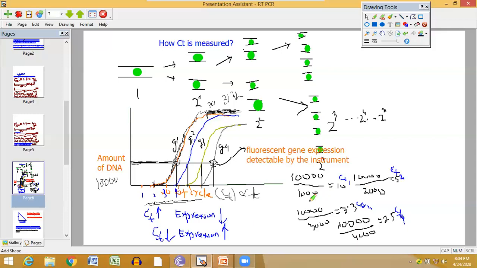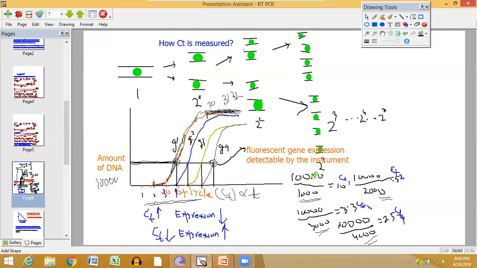Now, for the sake of our argument, say one gene is initially expressed at 1000 nanogram, another gene at 2000 nanogram, the third gene at 3000 nanogram and the fourth gene at 4000 nanogram. We do not know this, but say it is expressed like this. So they all have to reach the 10,000 target point.